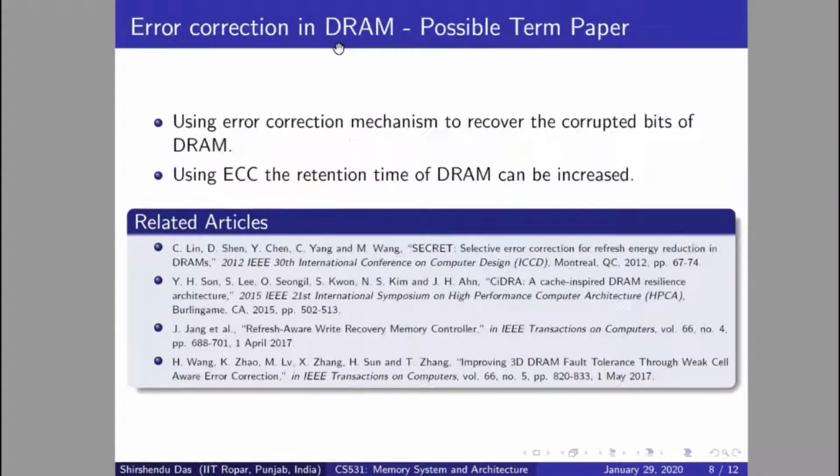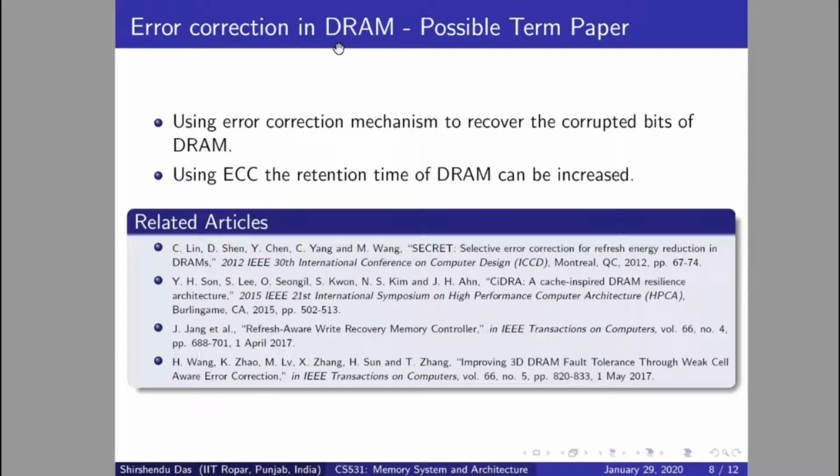The next is error correction in DRAM. This is also a very interesting topic, and maybe you can consider your term paper in this area also if you have not decided it yet. Error correction in DRAM means, as I said, that after every retention period you have to refresh the row content. If the retention period is longer, then maybe you lose some data, right?